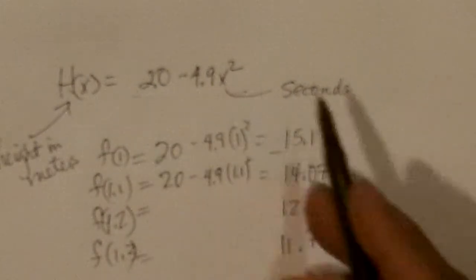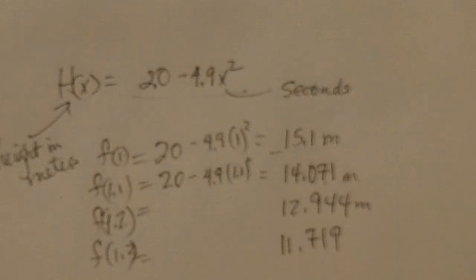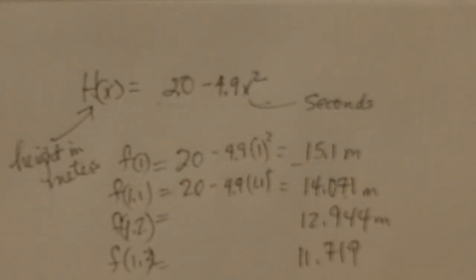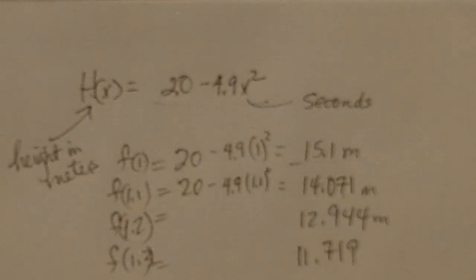Hit the ground, the height would be 0. I can set 20 minus 4.9x squared equal to 0. I can add 4.9x squared to both sides and get 4.9x squared equals 20.